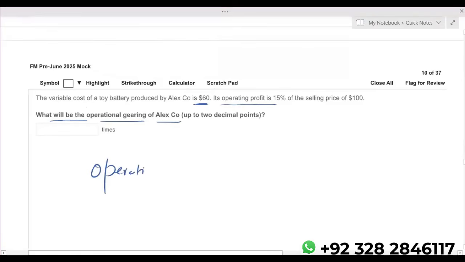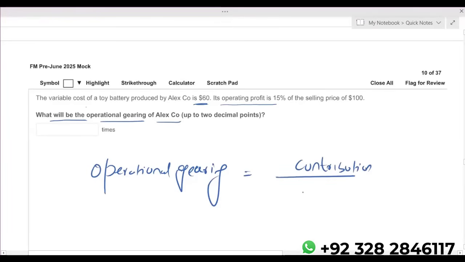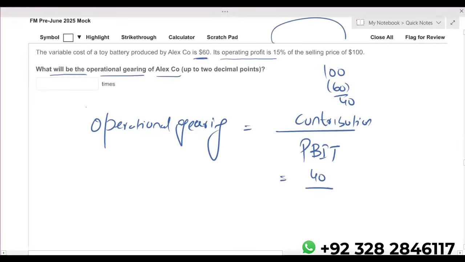Operational gearing is simply contribution upon PBIT. Selling price is 100, variable cost is 60, so the contribution is 40. If you take 15% of 100, PBIT will be 15.